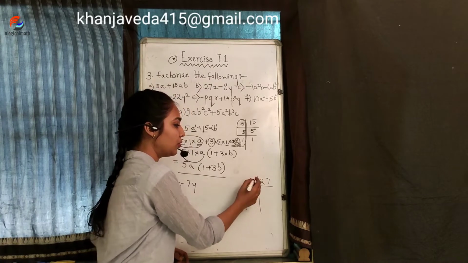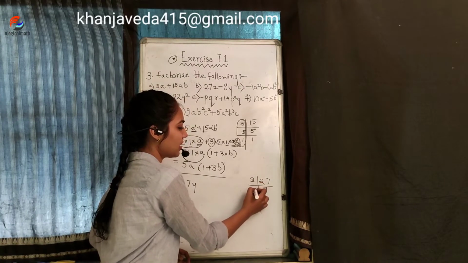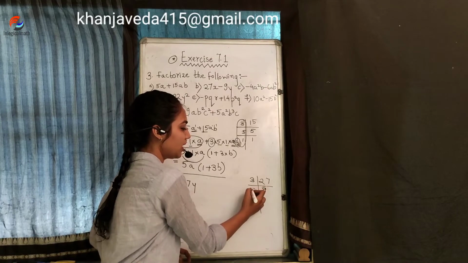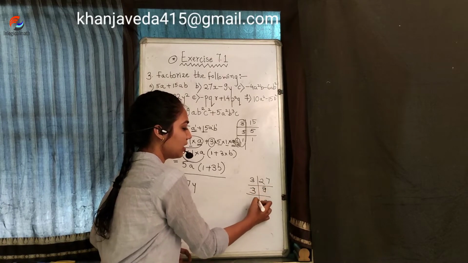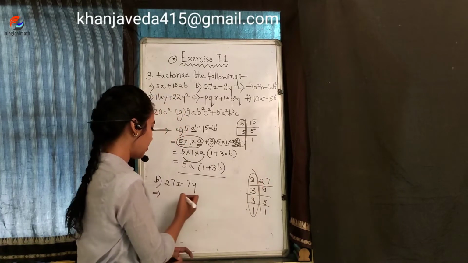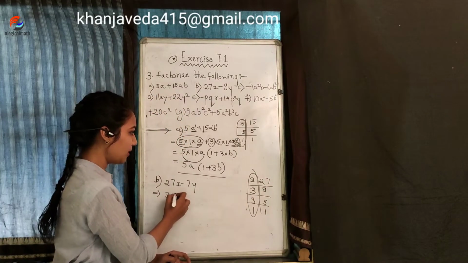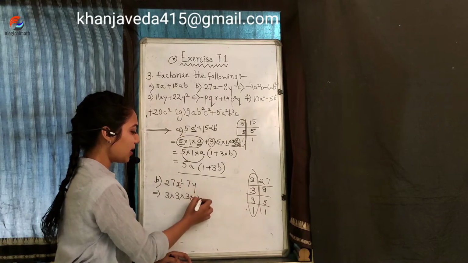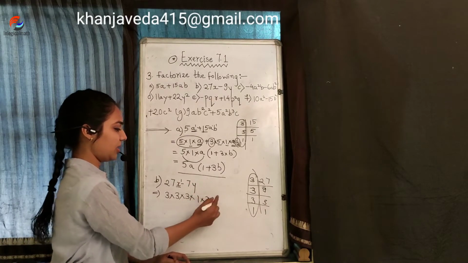We can't divide by 2, so go for 3. 3 9s are 27, 3 3s are 9, 3 1s are 3. So the factor of 27 is 3 multiply 3 multiply 3 multiply 1. X having power 1, just write x once in multiplication.